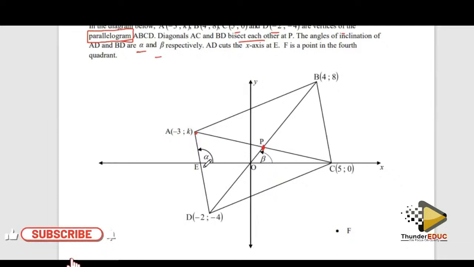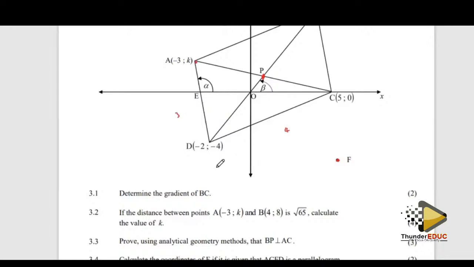AB cuts the x-axis at P, and then F is a point within the 4th quadrant. Quadrant 1, quadrant 2, quadrant 3, quadrant 4. There is F. Then they want us to get the gradient of BC. So we know that gradient is normally obtained by the change in y over the change in x: y2 minus y1 over x2 minus x1.